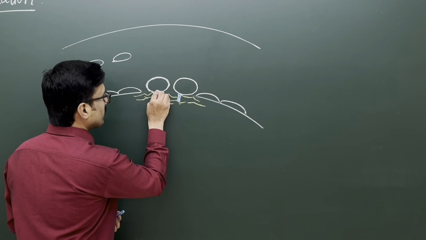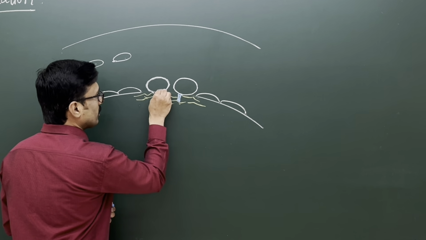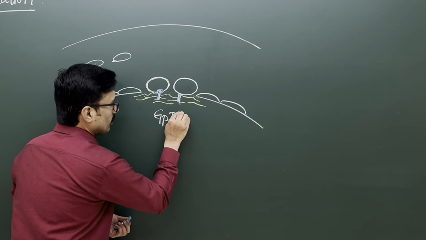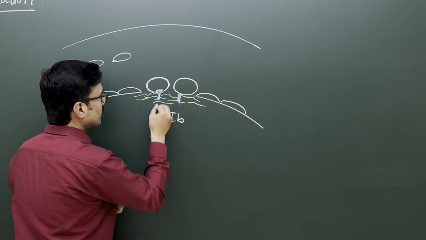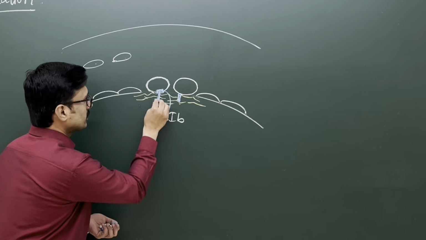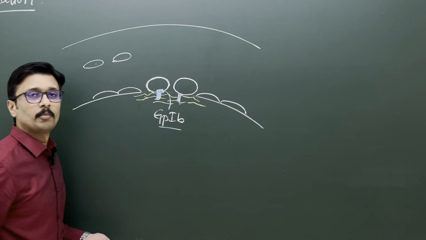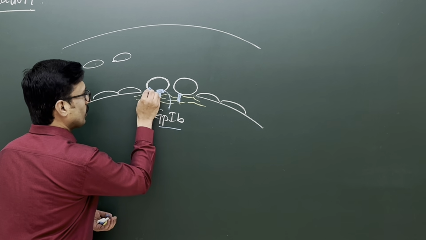There are glycoprotein receptors present over the platelet membrane, that is GP1B. This receptor present over the membrane attaches to the von Willebrand factor. So this is the von Willebrand factor attaching to the GP1B receptor on the platelet membrane, and there are receptors for binding to the collagen.